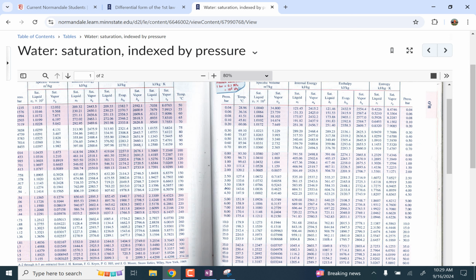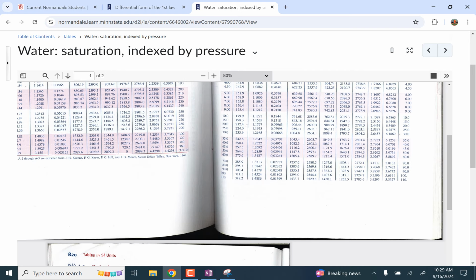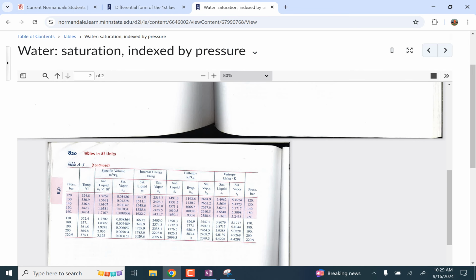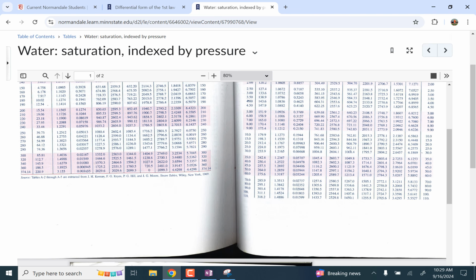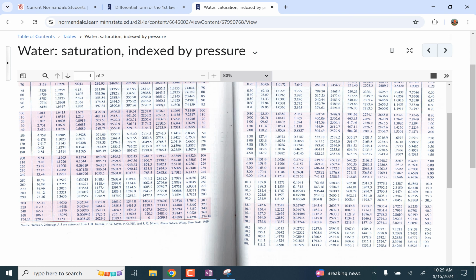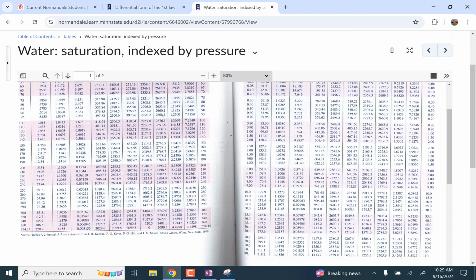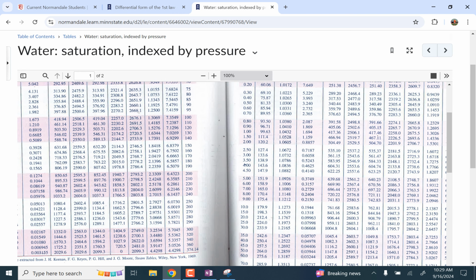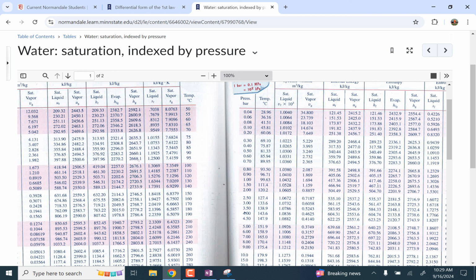At atmospheric pressure, that would be about 1 bar. We expect the corresponding temperature to be 100 degrees Celsius, and you see it there. Okay, but everything else is the same. You have the saturated liquid column and the saturated vapor column.